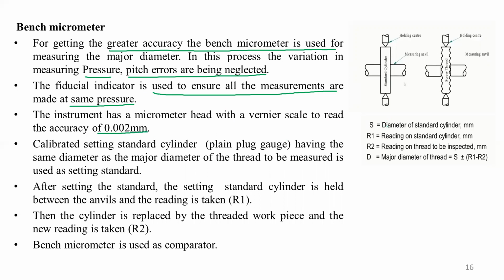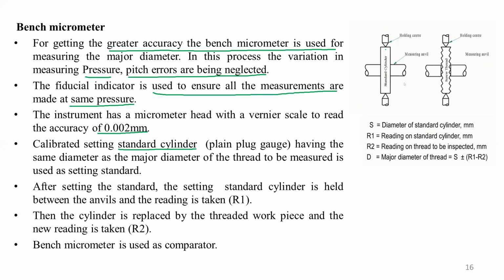In order to conduct the experiment, first the plain plug gauge, which can be considered as a standard cylinder, is placed in between the measuring centers, that is, the holding centers.